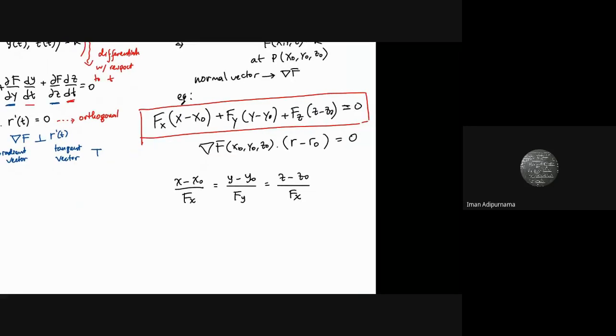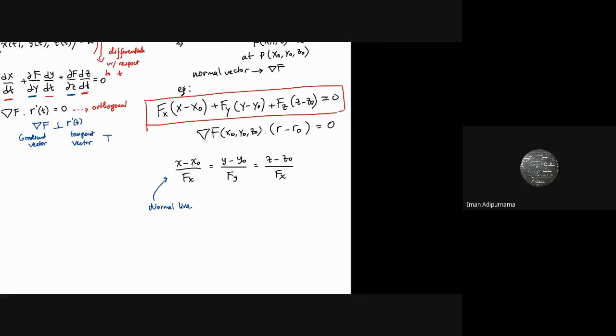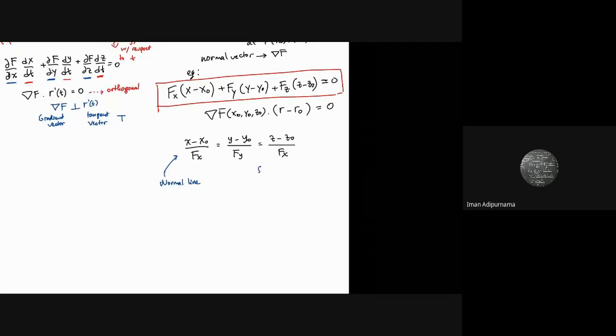Usually we write this to define, or maybe just write, this is the normal line, right? Or we can write this is actually our symmetric form, or symmetric equations, in which these are the direction numbers, right? Okay.